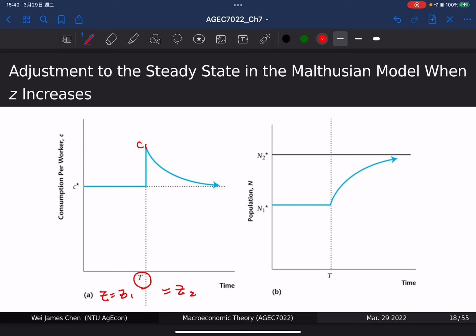Right? So it must go down, and we know eventually it will go back to the C star level. So it will converge to that level. As for n, it must be the case that after that period, the population starts to grow, and it converges to a new level, N2 star.